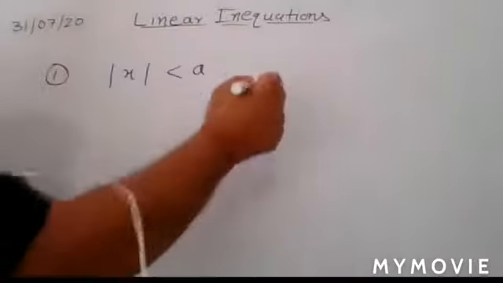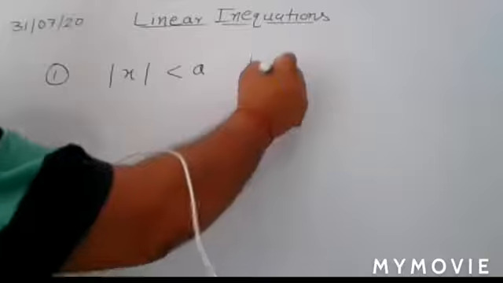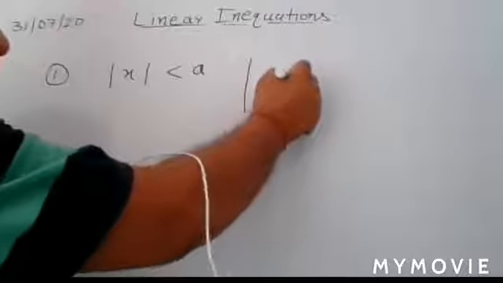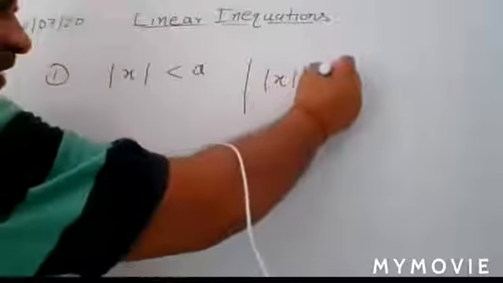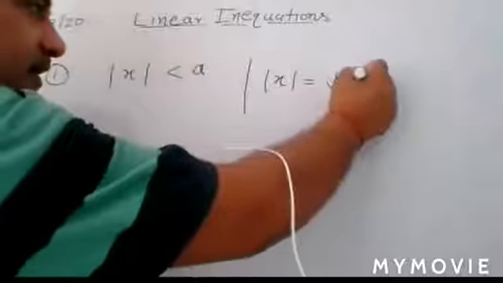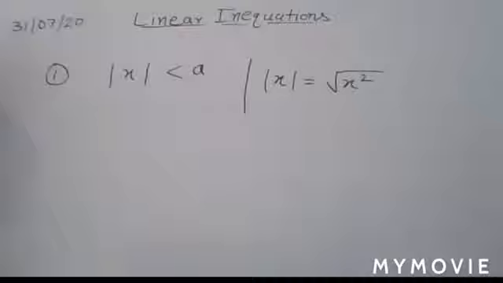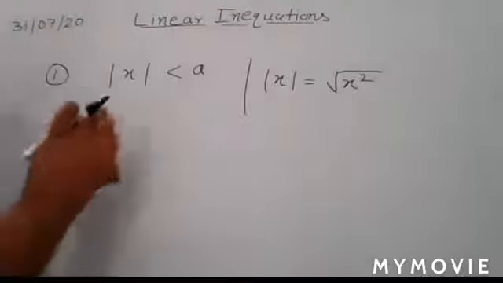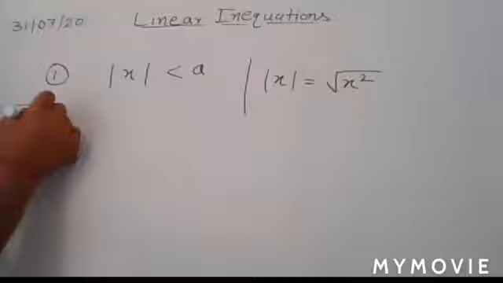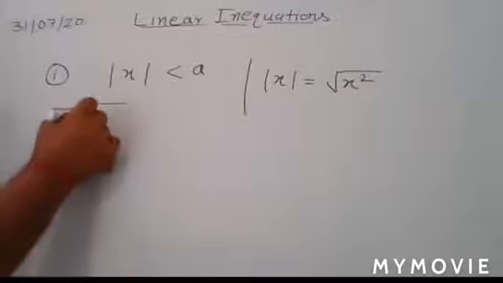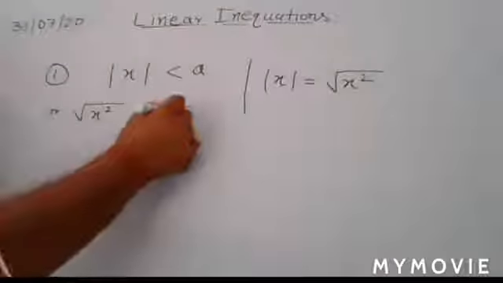Just recall one thing I told you: mod of x can be written as under root of x square. Everyone knows this result. Mod of x is equal to under root x square. So this can also be written like that, under root x square is less than a.